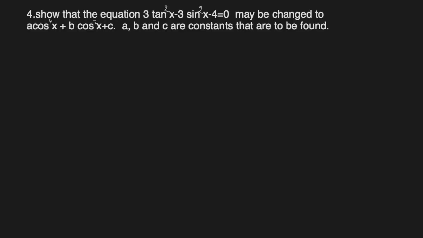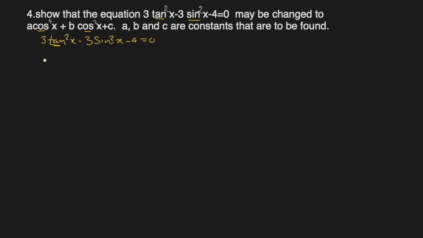Question 4. Show that this equation with tan squared and sine squared may be changed to cos and cos. That means both of them must be converted to cos. So let me write the original equation first. 3 tan squared x minus 3 sine squared x minus 4 equal to 0.